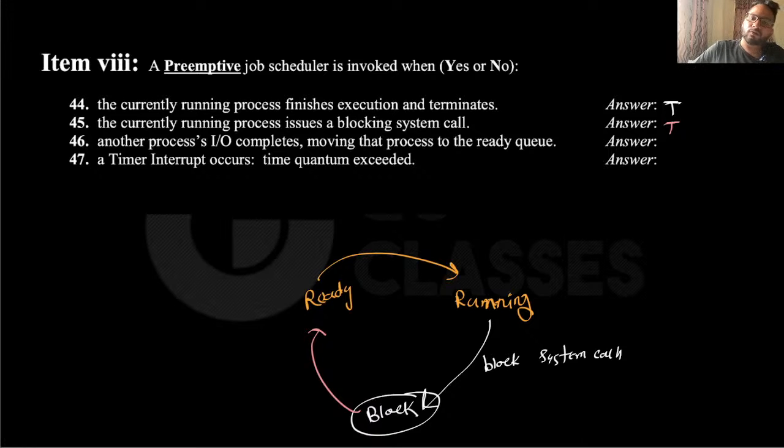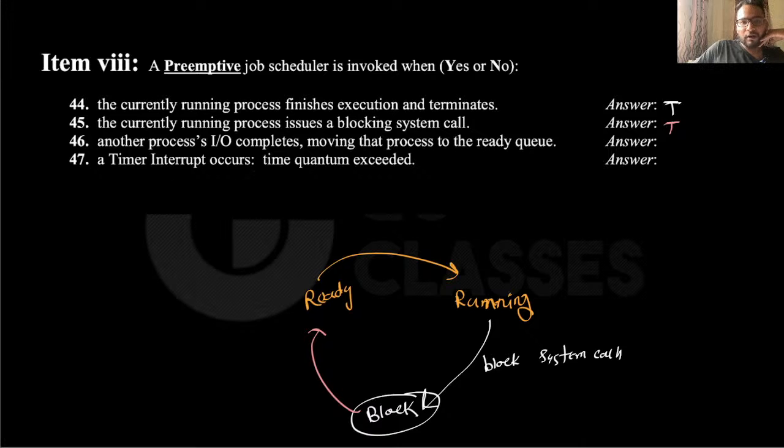Currently something might be running, so do you need a job scheduler here?